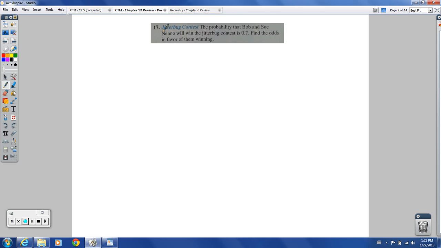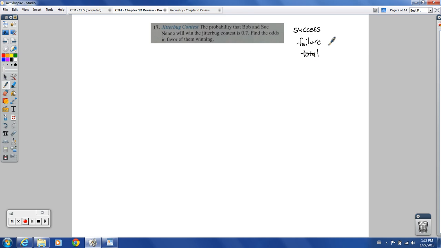Okay, jitterbug contest. The probability that Bob and Sue will win the jitterbug contest, I think that's a kind of dance, is 0.7. Find the odds in favor of them winning. And so whenever we have these odds in favor or against problems, it's good to first figure out success, failure, and total.